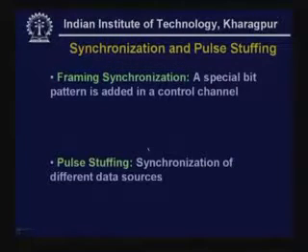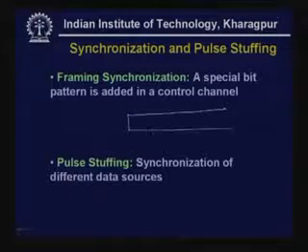Now, the question arises, whenever you do some kind of framing, say we are sending this from source 1, this from source 2, this from source 3, and in this way source n.